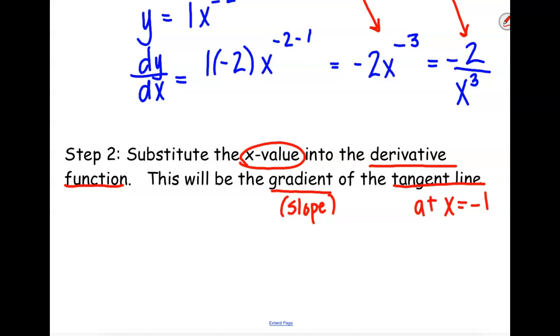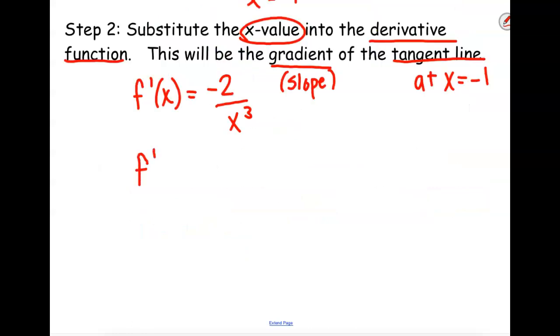So I'm just going to write the derivative function, f dash x equals -2 over x cubed. Now we're ready to substitute the x value in. Remember that x value was -1.